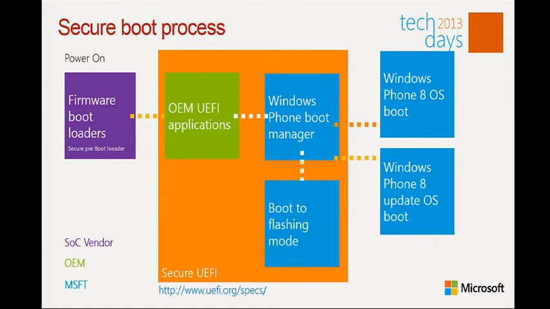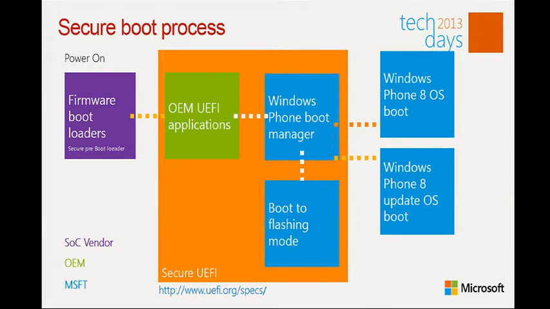If something's wrong, because sometimes it happens, we have the boot flashing mode. It means that if the Windows Phone Boot Manager detects that the operating system you have on your phone is corrupt, or you try to use a custom build, if you attempt and try, and maybe one day you successfully push an operating system there, the Windows Phone Boot Manager will detect it.